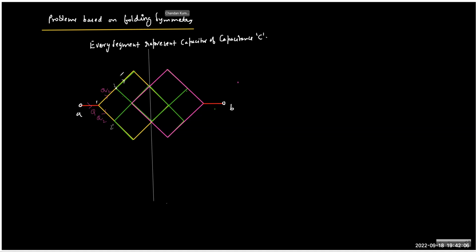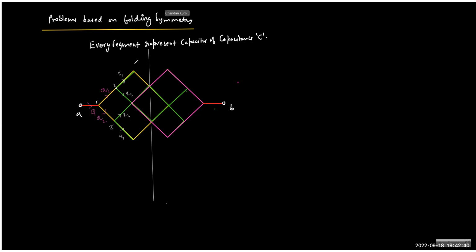But what I know is that whatever charge goes here, Q1, and whatever goes here, Q2, the same will happen here, Q2 and Q1. But no matter how the charge is distributed, it will have a very symmetrical pattern.